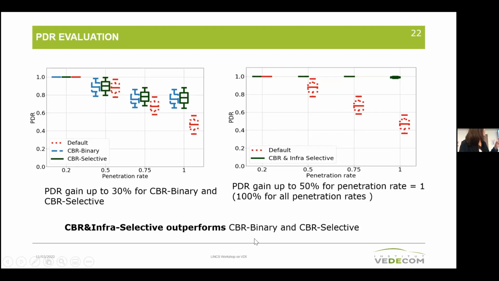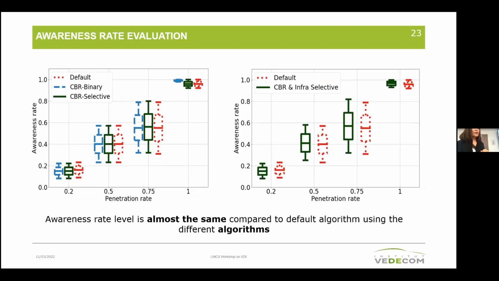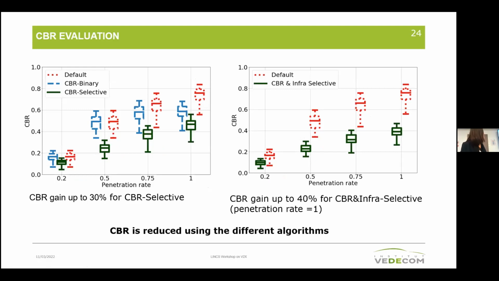But this is extremely interesting for the CBR selective and infrastructure-based algorithm: we can have almost 100% PDR regardless of the density. The second thing we measured is the awareness rate. The good news is that there is no real degradation of the system's awareness rate compared to the default algorithm. It's almost the same. We're not reducing the awareness rate.